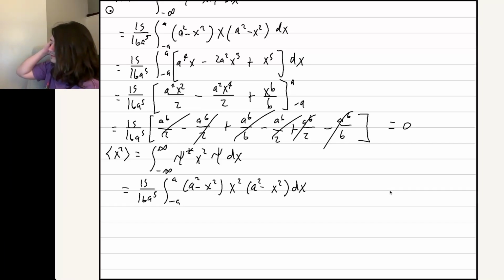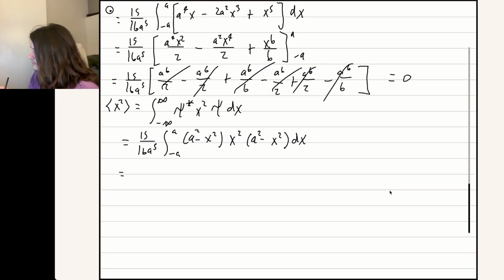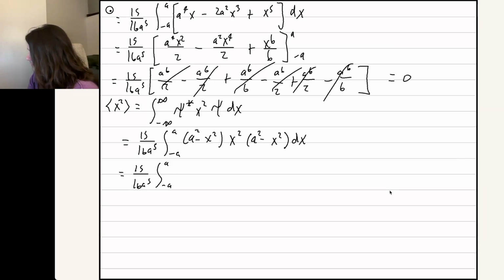So it's the same polynomial we've been getting, but multiplied by another power of x. So it's going to be the integral of 15 over 16a to the fifth, from minus a to a, of a to the fourth x squared minus 2a squared x to the fourth plus x to the sixth. And look at that, it's another power law integral.